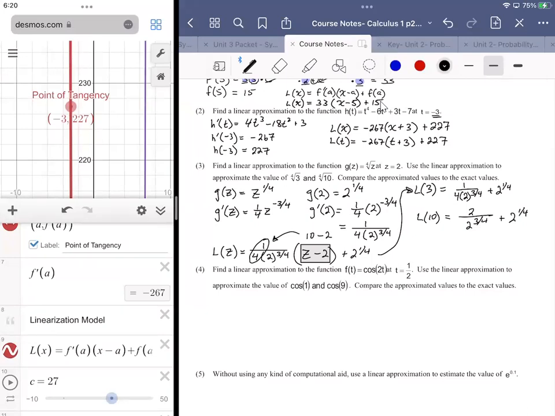So I'd have 2 over 2 to the 3/4, but I could even go further with that, because 2 is thought of as 2 to the first power. Keep the base, subtract the exponents. You get 2 to the 1/4 plus 2 to the 1/4, which would be 2 of those 2 to the 1/4 powers. So you get a more concise way of representing it.